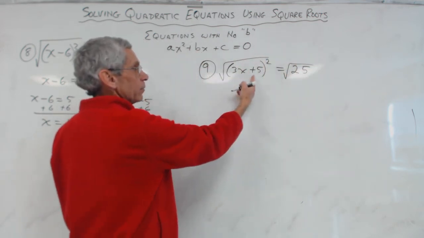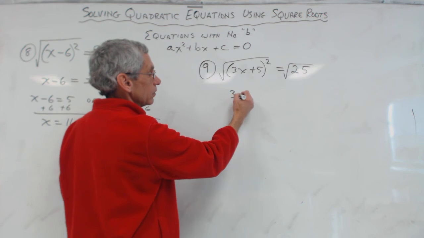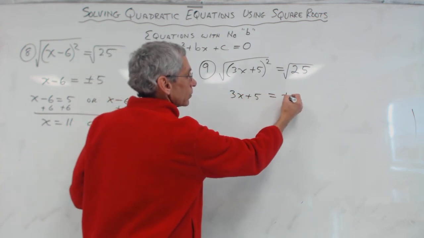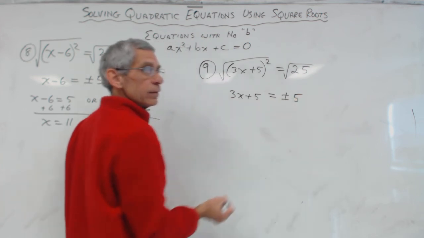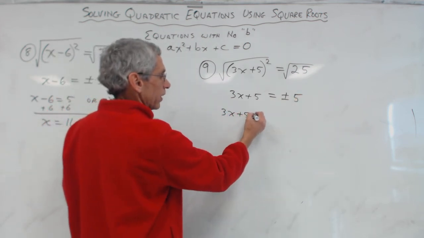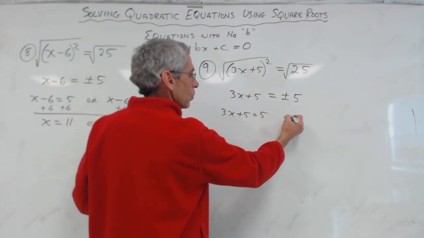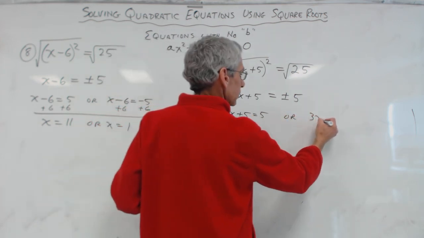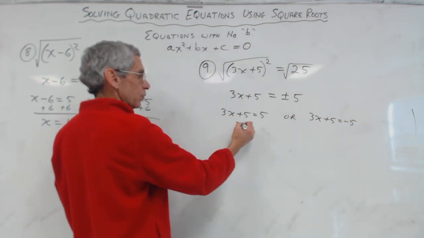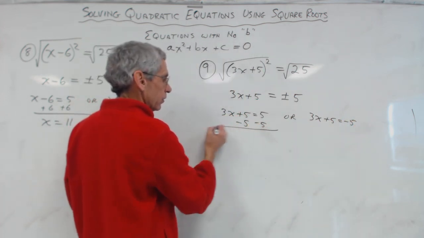All right, so that gives me 3x + 5 = plus or minus 5, right? Then you have 3x + 5 = 5, or 3x + 5 = -5. We've got to subtract 5 from both sides.